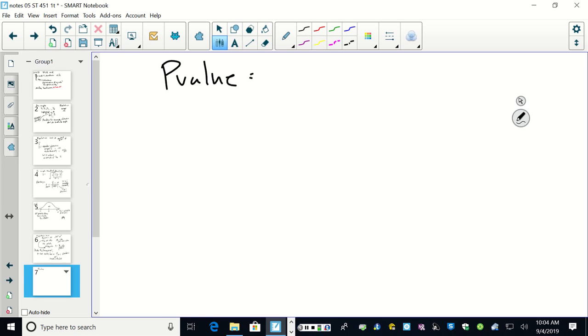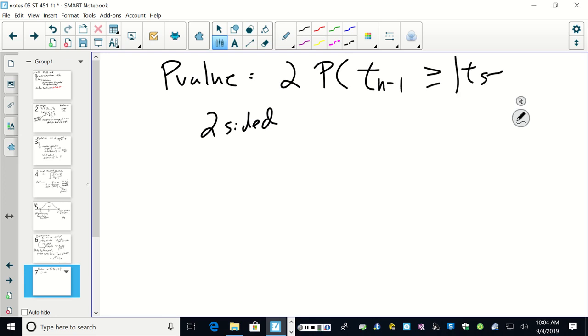If it's a two-sided test, it's 2 times the probability that a t-distribution with n minus 1 degrees of freedom is greater than the absolute value of the t statistic. So if it's a positive value of the statistic, we calculate the probability that we're greater than or equal to that. And because it's two-sided, we double it for the p-value.